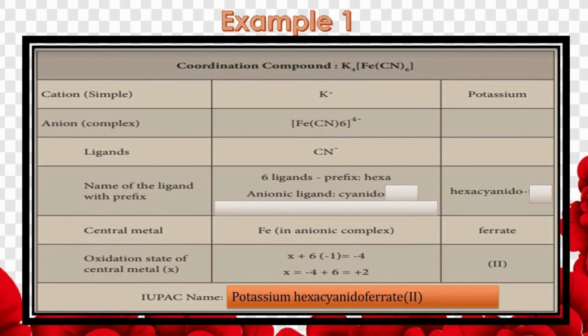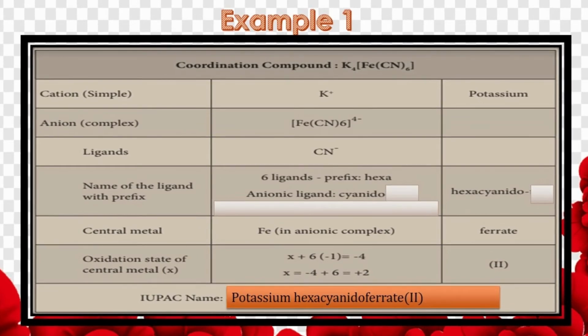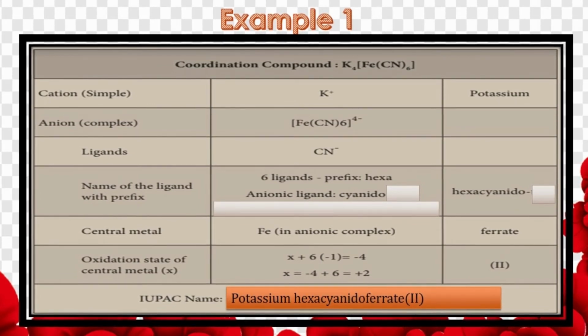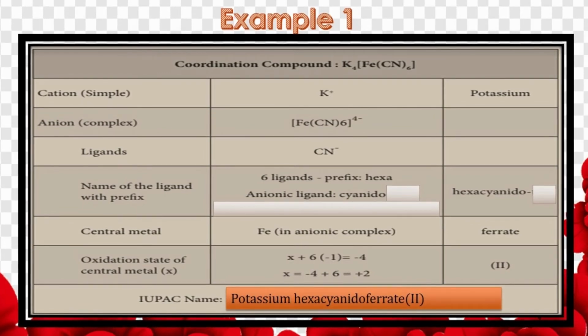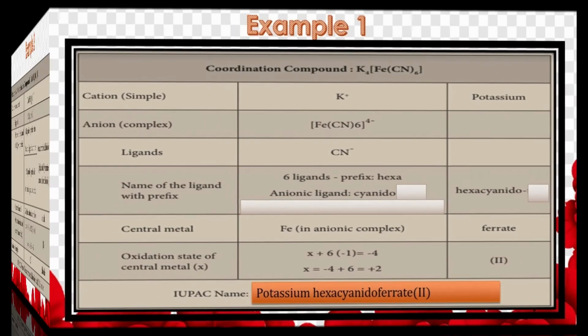So the IUPAC name will be the name of the cation first, that is potassium, followed by the name of the ligand, hexacyanido, then the name of the central metal atom which ends with ATE, so ferrate. Then you write the oxidation state of the central metal atom in Roman numerals within square brackets.